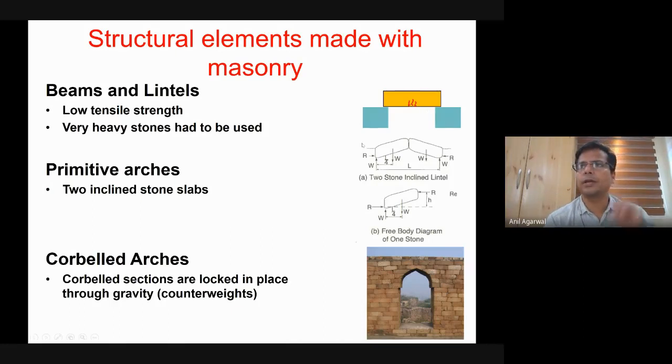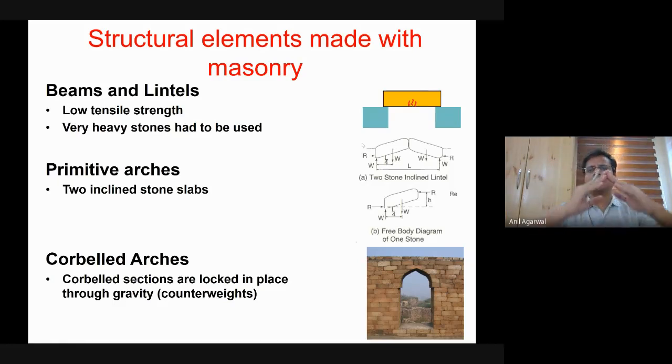Then people thought, okay, a single brick may not be sufficient. Well, how about two bricks? And we arrange them in such a way that they work as a truss. I had discussed that last time also. These bricks form a kind of arch, and such arches were known as primitive arches, right? Basically, you put two bricks touching together in such a way that they behave like a truss rather than an arch. You can call them an arch, but essentially they are truss elements.